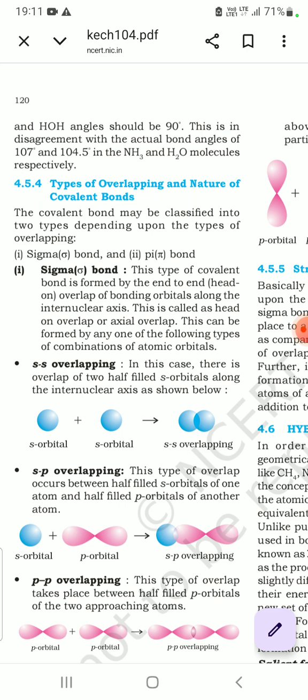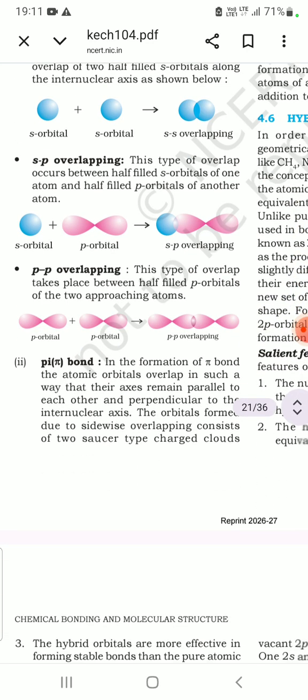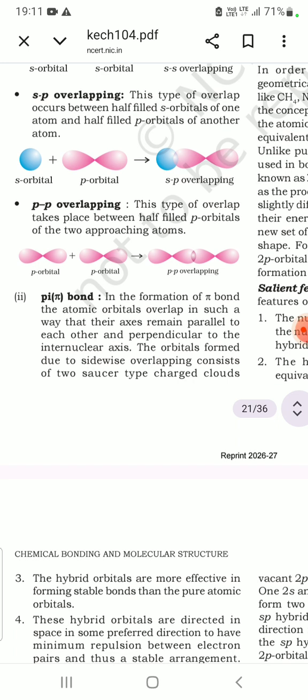Next is the pi bond. In the formation of a pi bond, the atomic orbitals overlap in such a way that the axes remain parallel to each other but perpendicular to the internuclear axis. In sigma, it was along the internuclear axis.